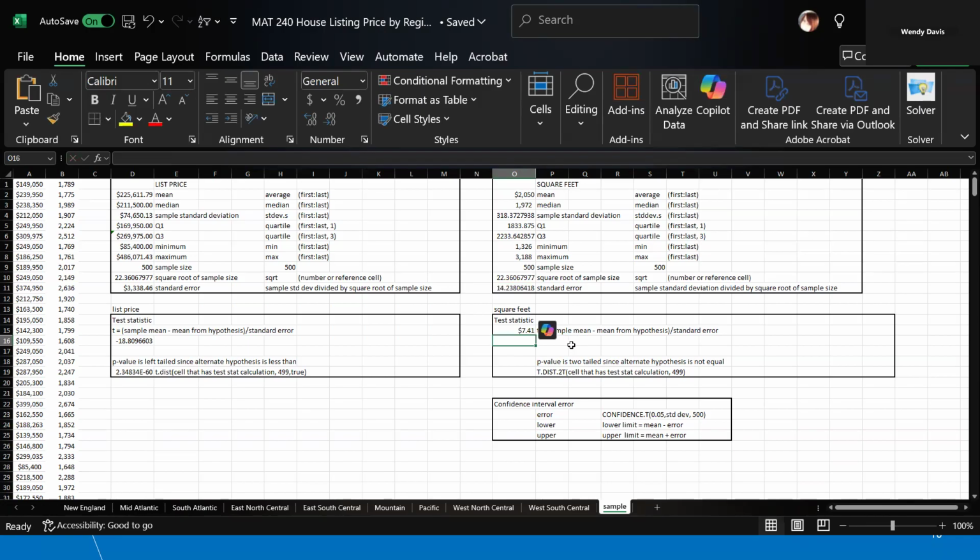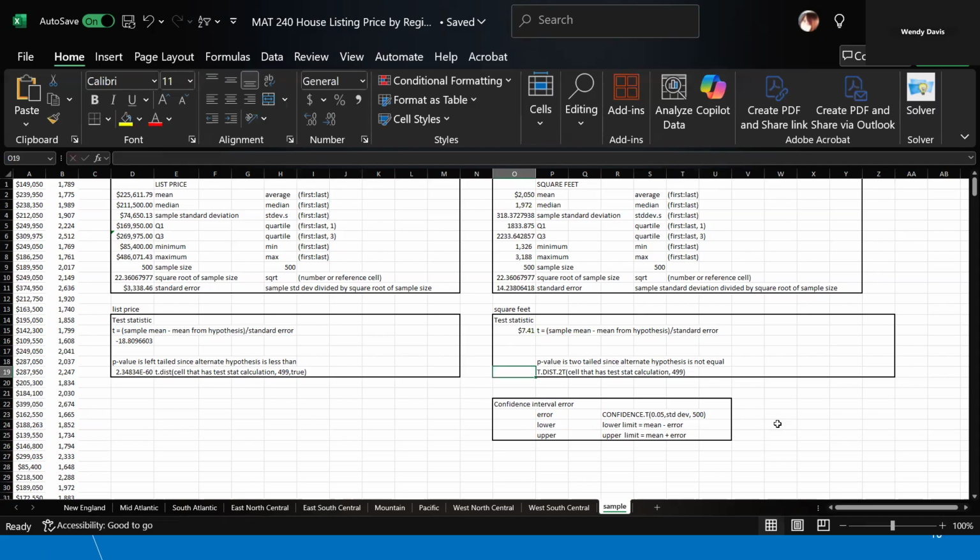Okay, so that is our test statistic, which is a positive number. Now, our p-value is going to use the two-tail, and that is because our alternate hypothesis is not equal.